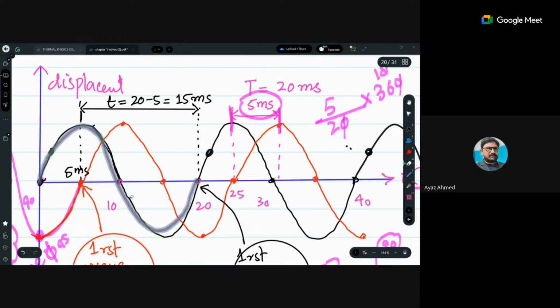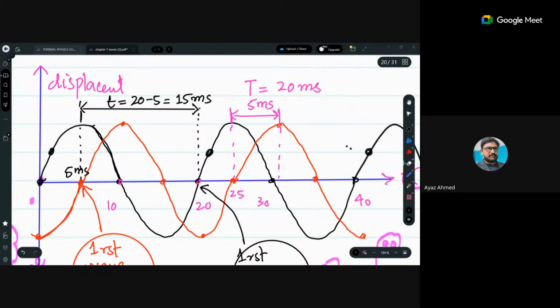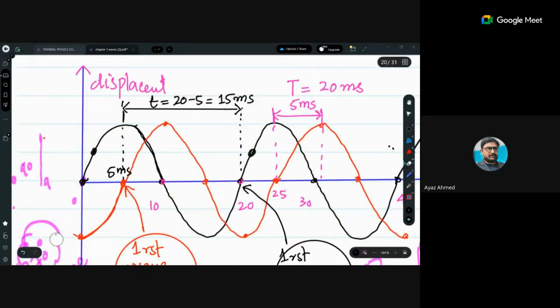I can erase this and write it again. See this. Now what is the problem? The problem is that my black wave is started from 0, and its one pulse is ended after 20 milliseconds.